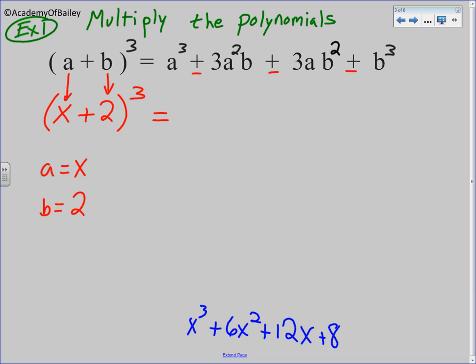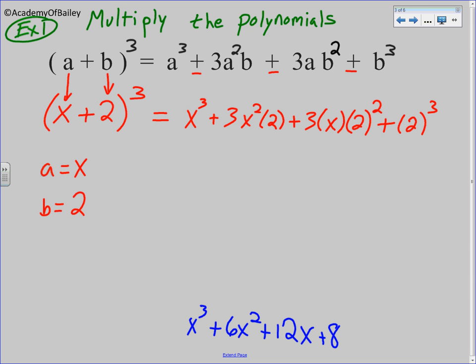And so wherever I see A, I'm going to put an X. Wherever I see B, I'm putting a 2. And so therefore I've just substituted in. And then the next step is to simplify a little bit. 3 times 2 is 6.